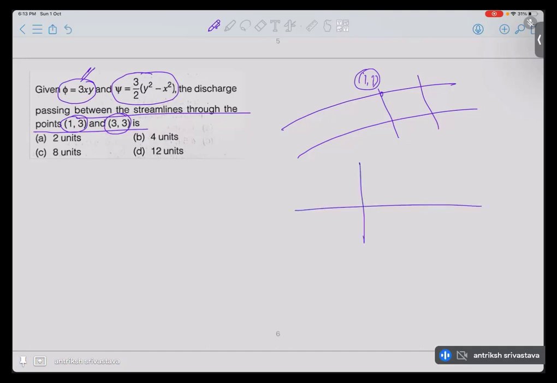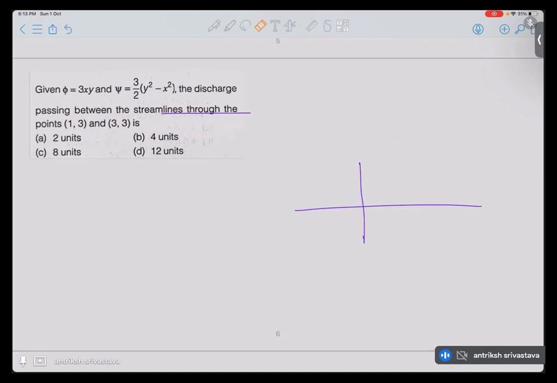Let's plot them here itself. So you can read the question by the time I'm trying to draw this, and if you have the answer, you can raise your hand and we'll let you tell the answer.